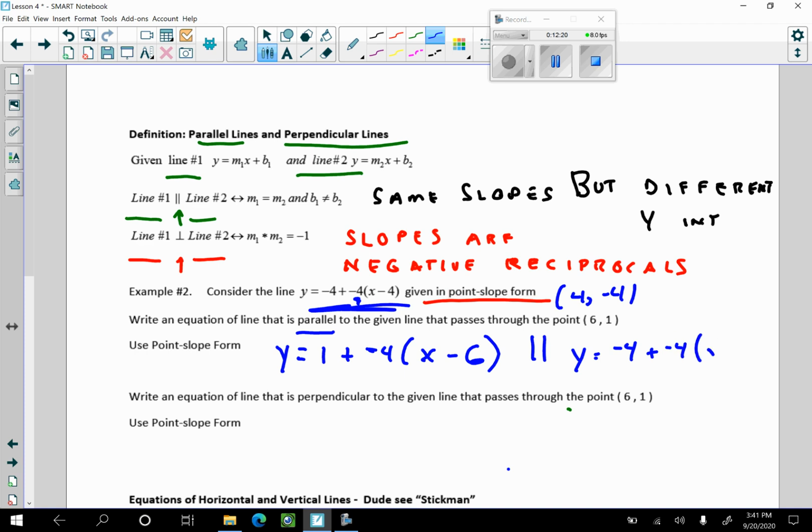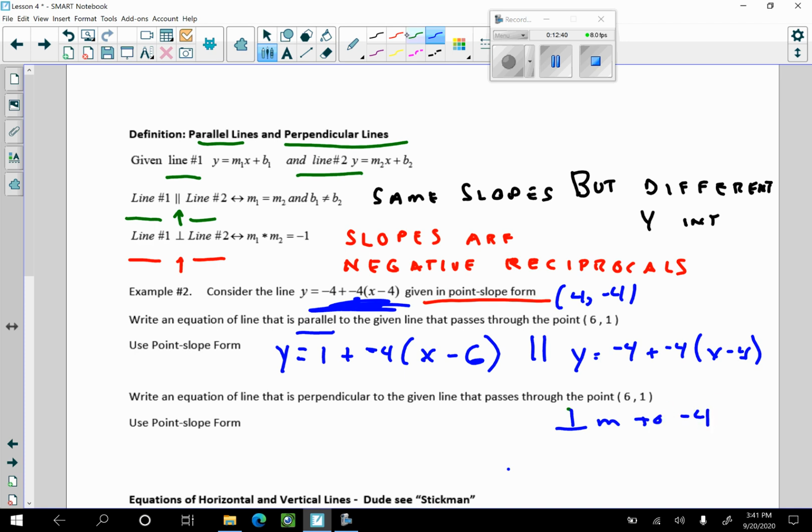They have the same slope and different y-intercepts. You could solve that and you could see that they're going to have different y-intercepts. So now I want the equation of a line that's perpendicular to this line right here through the point (6, 1). Well, first of all, I need to find the perpendicular slope to negative 4.